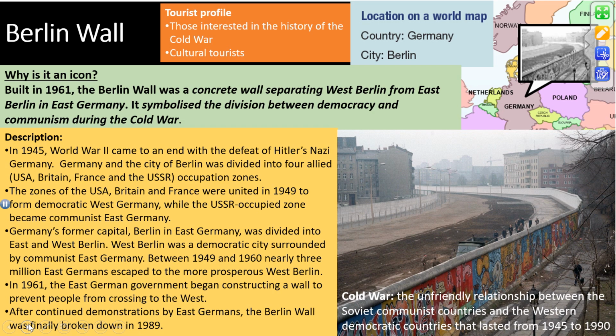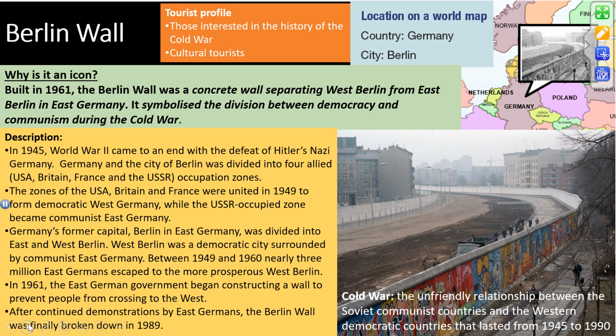And at that stage, Germany, which included the city of Berlin, was divided into 4 occupation zones, Allied occupation zones, specifically the USA, Britain, France, and the USSR. The zones of the USA, Britain, and France were united in 1949, and they formed the democratic West Germany, and the USSR occupied zone became communist East Germany.